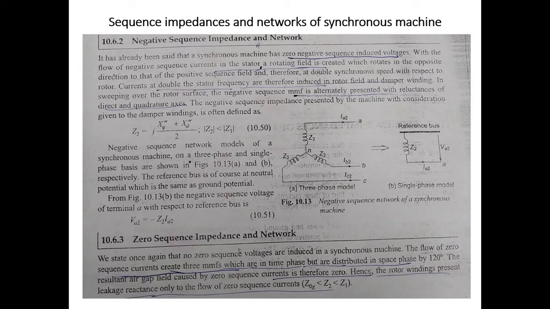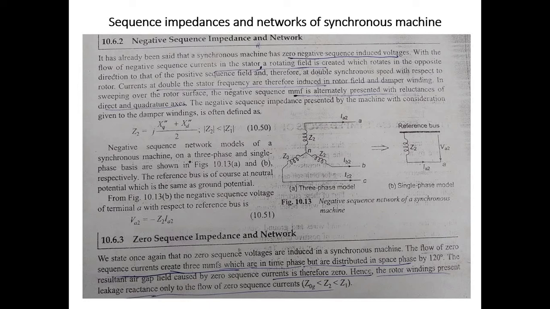And negative sequence network models of a synchronous machine on a three-phase and single-phase basis are shown in the figure. The reference bus is of course at neutral potential, which is the same as the ground potential. If we consider the three-phase model, the negative sequence impedance of each phase is shown. Here EMF is not present. So three reactances are shown, and currents Ia2, Ib2 and Ic2 are flowing through phases A, B and C respectively.